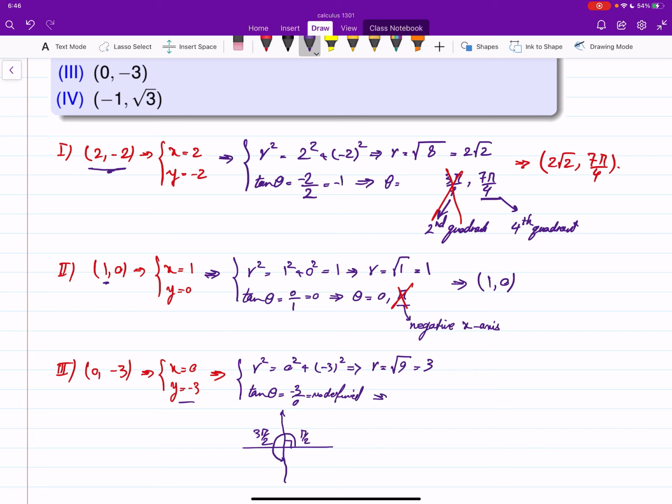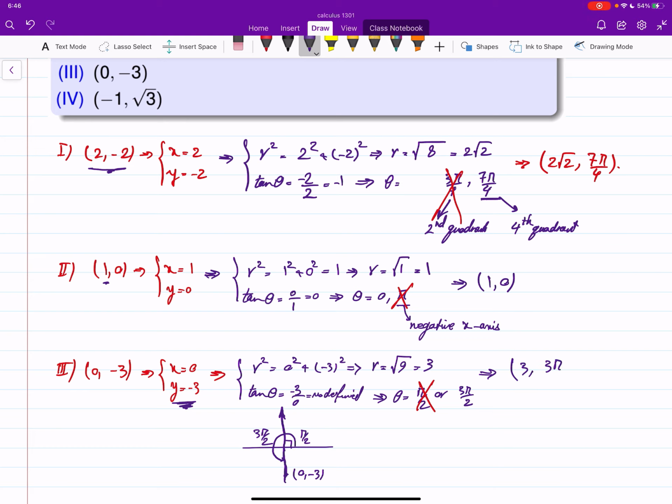So if it is on the positive y-axis, which is not, that will be pi over 2. But now we are on the negative one, so this is 0, negative 3 here. So that means that this is not acceptable in this case, and our polar coordinate is 3 and 3 pi over 2.